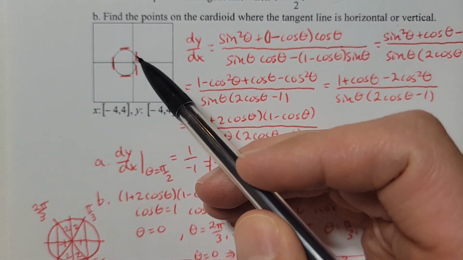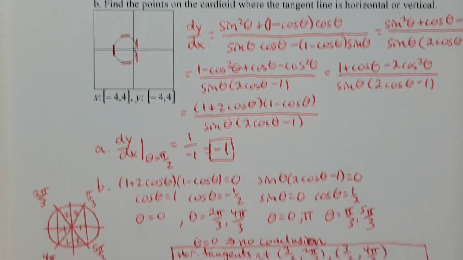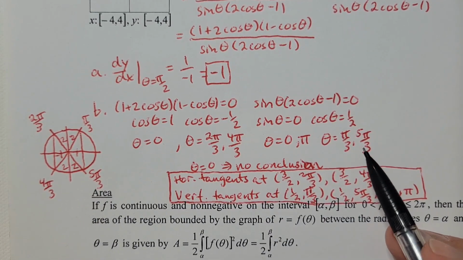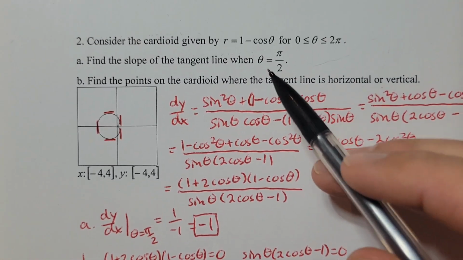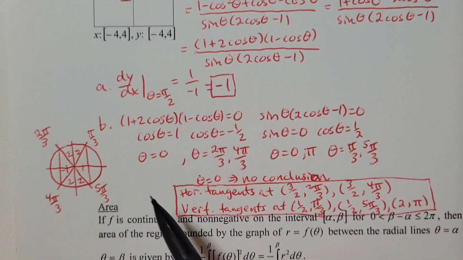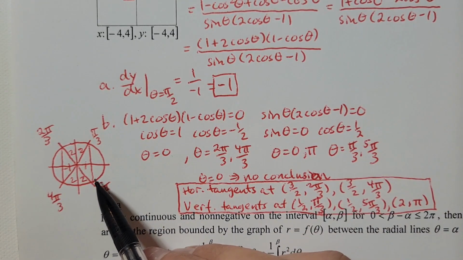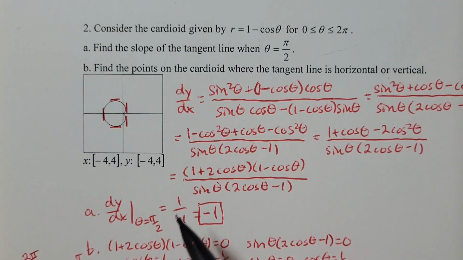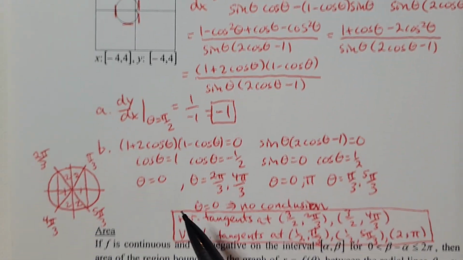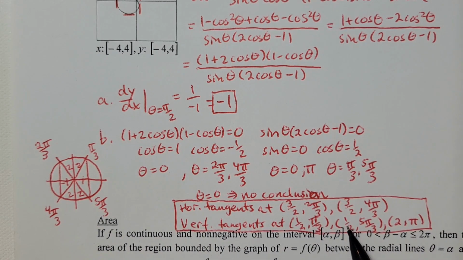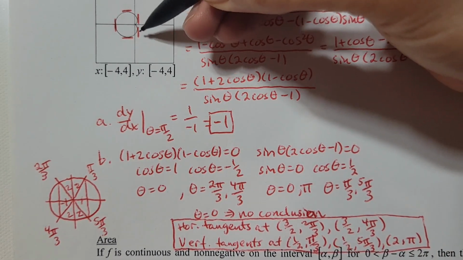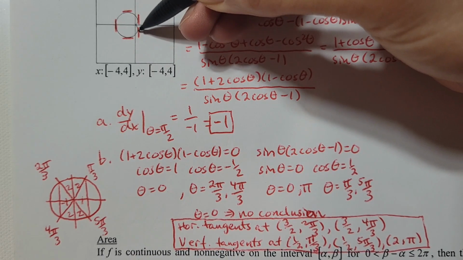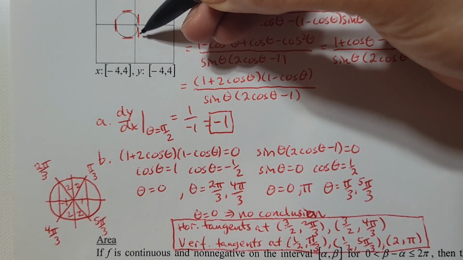That was good, right? And then when theta is 5 pi over 3, cosine of 5 pi over 3 is also 1/2. Okay, so 1 minus 1/2 is 1/2. So on the 5 pi over 3 radial line, I need to go up a half unit there and plot a point. That's where my other vertical tangent is going to be.